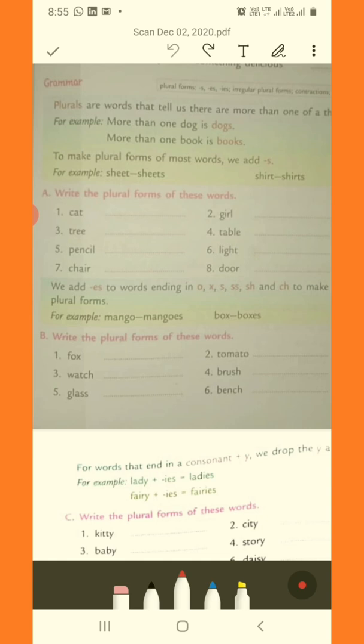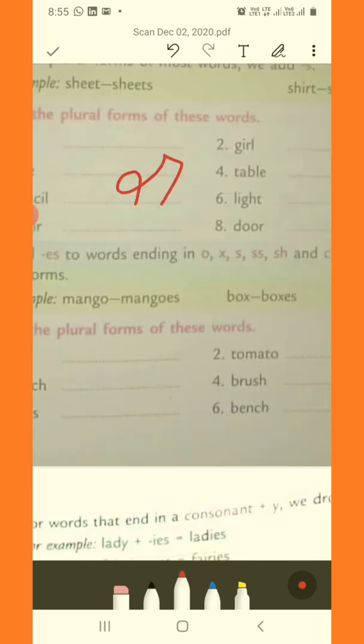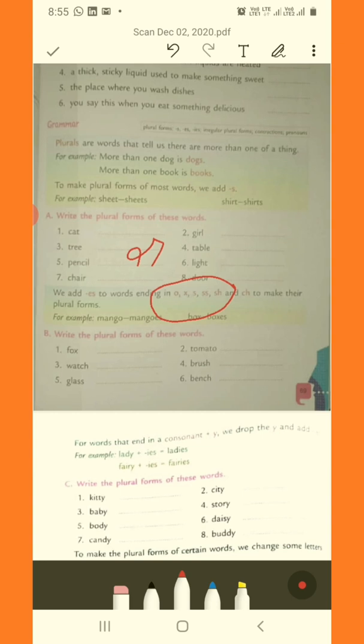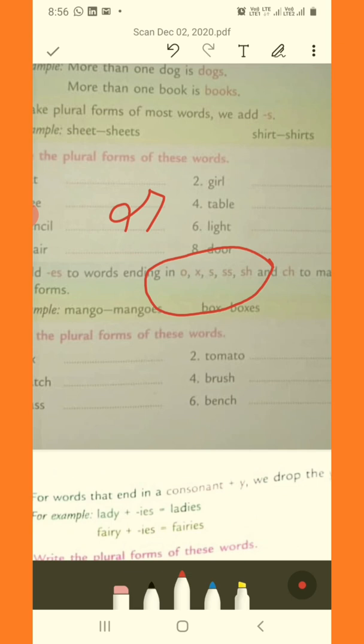Now there is a twist. What is the twist? The twist is here. We add es to some words ending in o, x, s, ss, h, sh, ch to make them plural. Some words you cannot simply add s to.